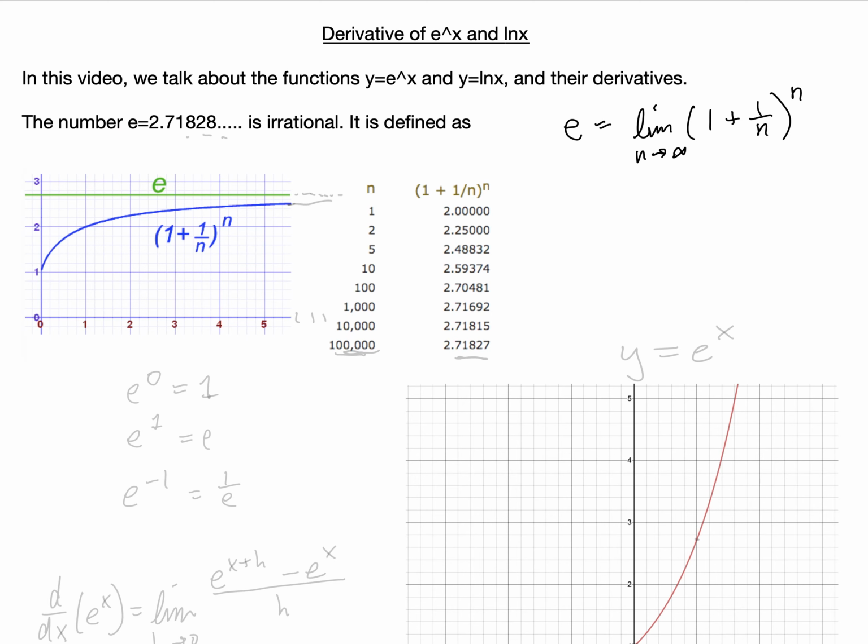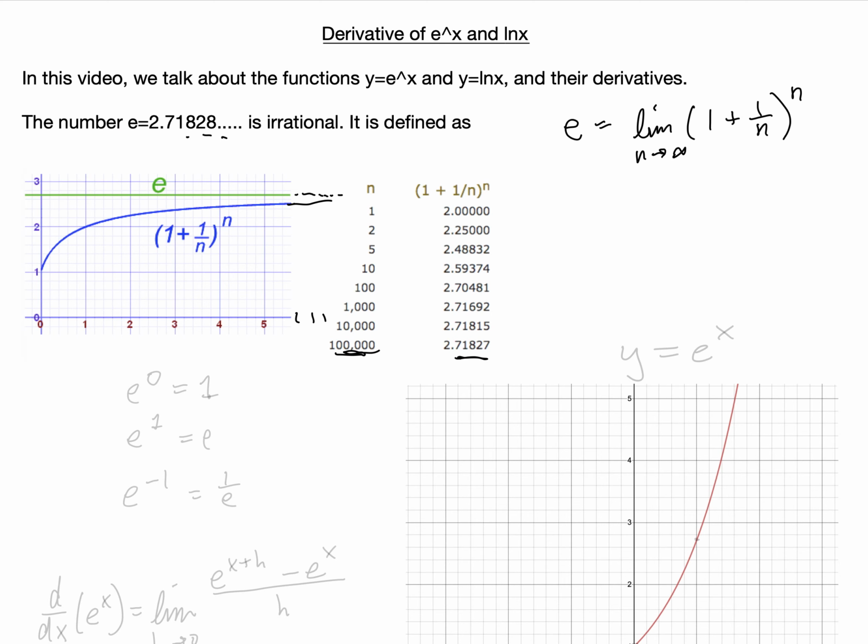So that is one definition of the number e, and this graph below is illustrating that as we put in larger values for n, the value of (1 plus 1 over n) to the nth power gets closer and closer to the true value of e. If we put in 100,000 for n, we get something pretty close to our decimal expansion, which again continues forever.